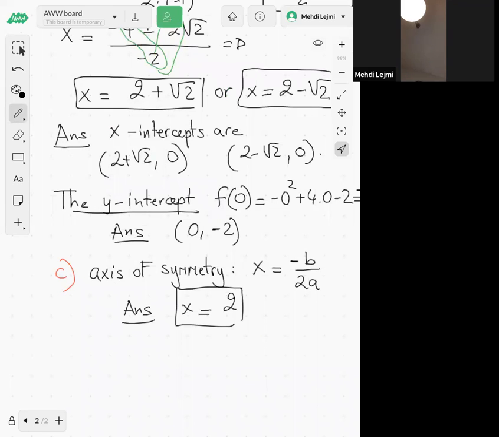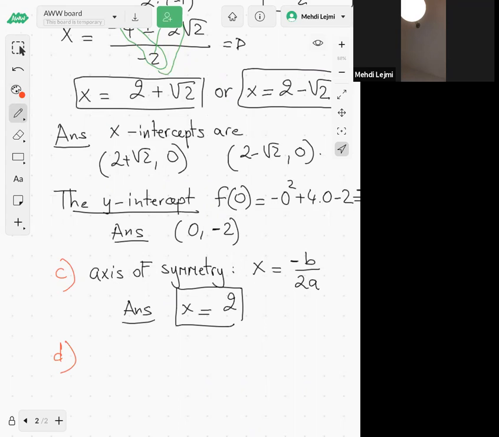Whether f has a maximum or minimum and its coordinates. Well, as I said, for a quadratic function, if the parabola opens up, the vertex is going to be a minimum, and if the parabola opens down, then the vertex is going to be a maximum.